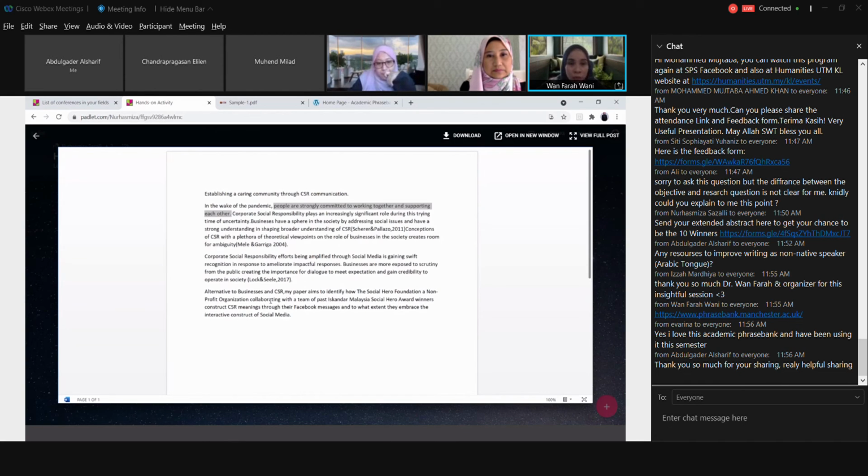So the flow is such that it is not talking about things other than the keywords that you are highlighting in your paper. From the second sentence onward: corporate social responsibility plays an increasingly significant role during this trying time of uncertainty. Businesses have a sphere in society by addressing social issues and have a strong understanding in shaping broader understanding of CSR.